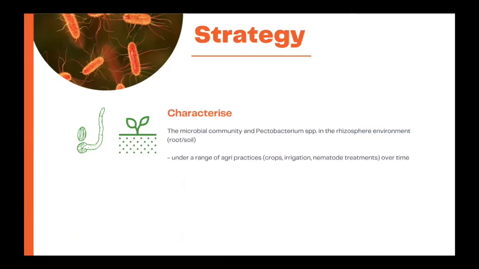Our strategy is to characterize the microbial community from both the root and soil from various field trials. Thus, we'll be able to link with agricultural practices such as cover crops, irrigation, and nematode treatment. We'll then explore one potential mechanism that could provide a targeted approach to kill Pectobacterium atrosepticum, and that is the use of bacteriocins.